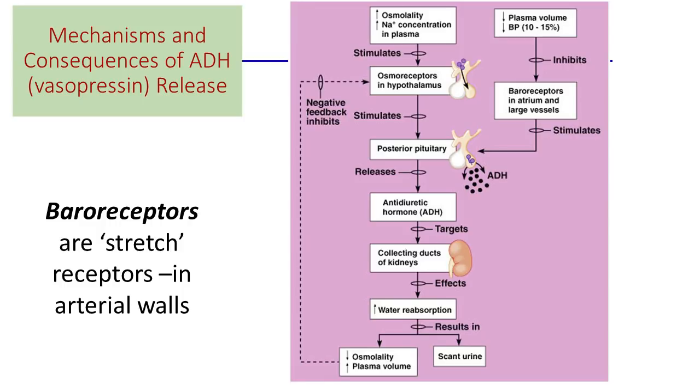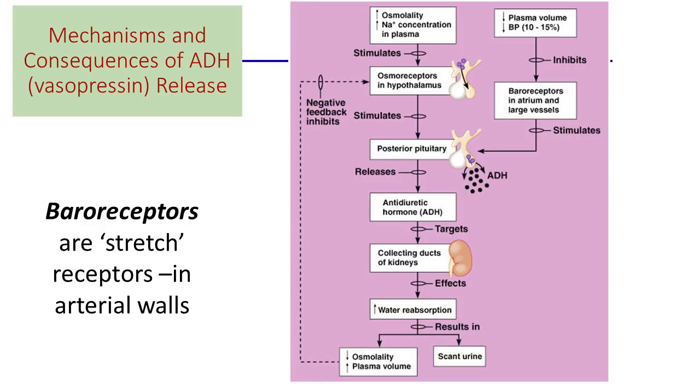If you look on the right side of this flow chart as well, we see there's another stimulus: decreasing plasma volume or decreasing blood pressure will also cause a release of antidiuretic hormone. In this case, we have stretch receptors in the walls of a couple of the major arteries in our body, called baroreceptors.